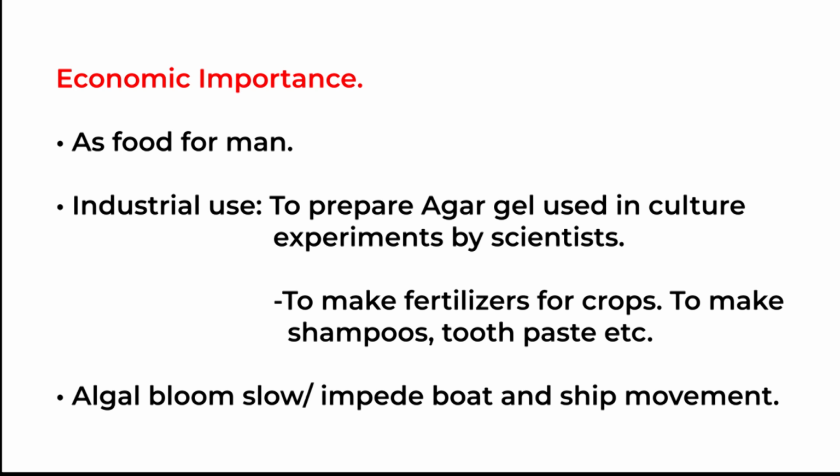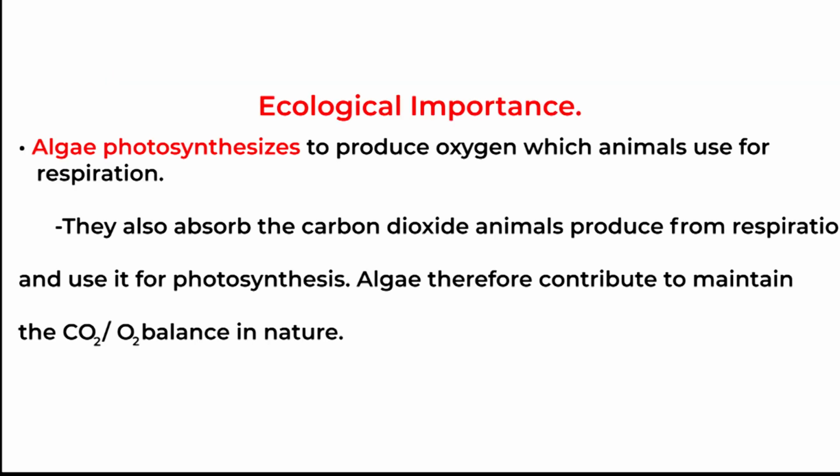And then algal bloom slows or impedes boat and ship movement. Algal bloom is when the algae multiplies in large numbers and covers the surface of water. This happens because algae reproduces vegetatively and can increase in large numbers.